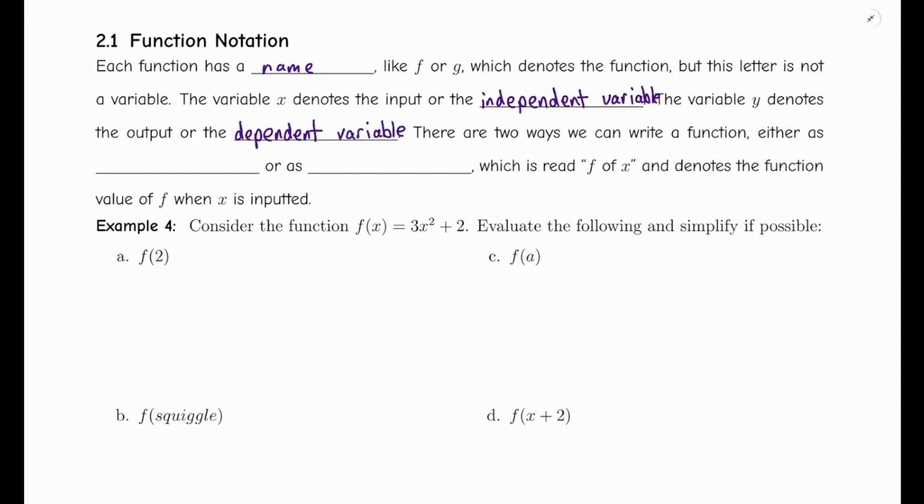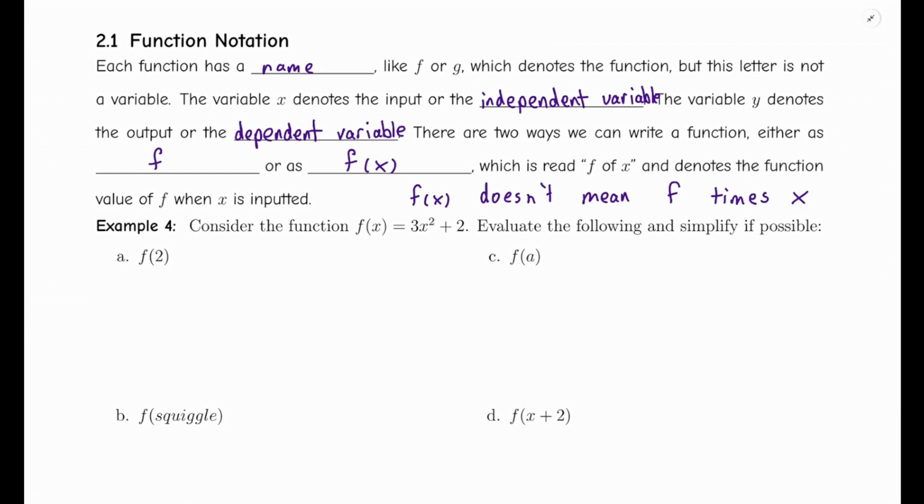There are two ways we can write a function, either as f or as f of x, which is read as f of x and denotes the function value of f when x is inputted. F of x doesn't mean f times x.